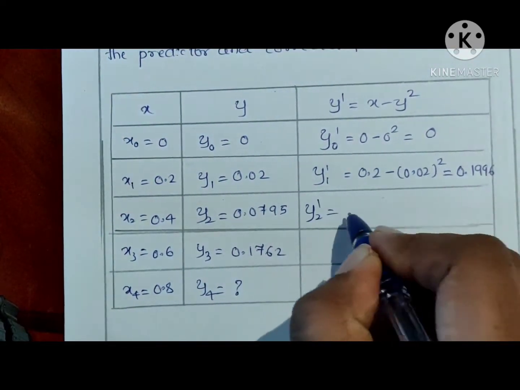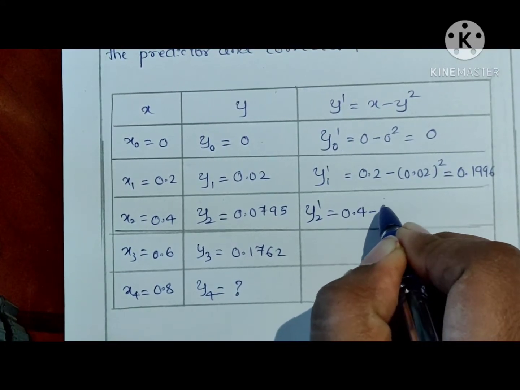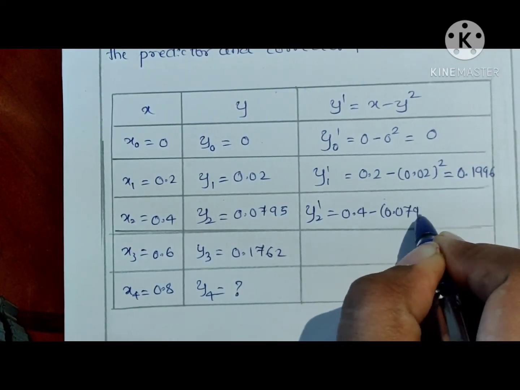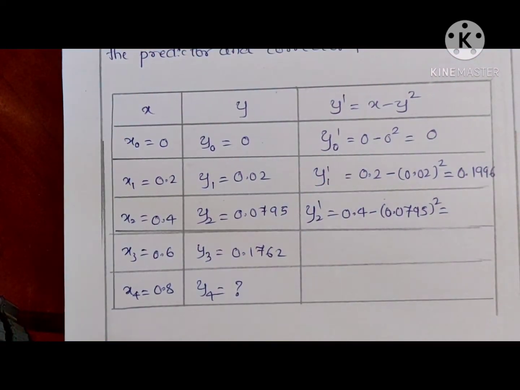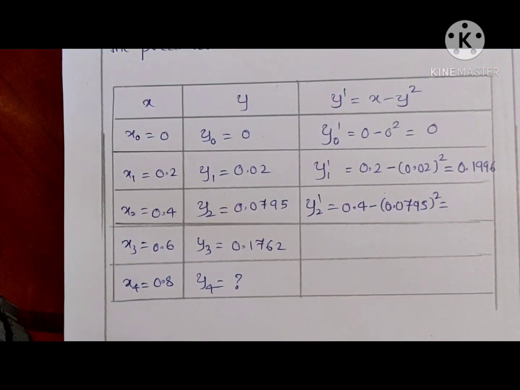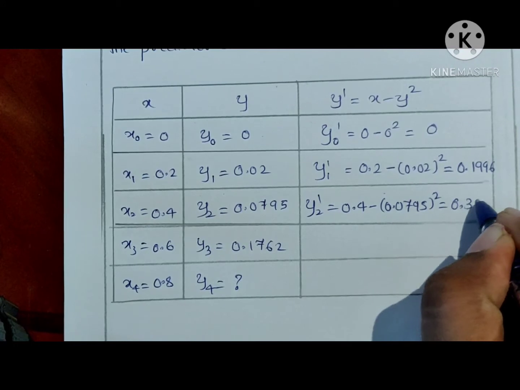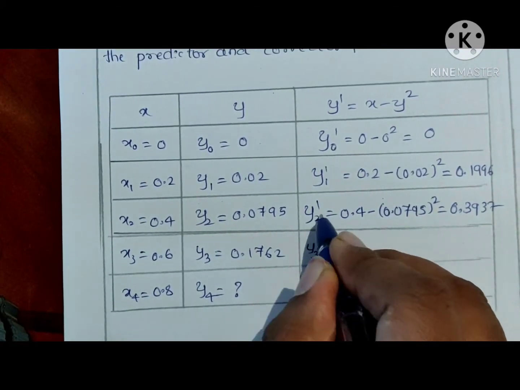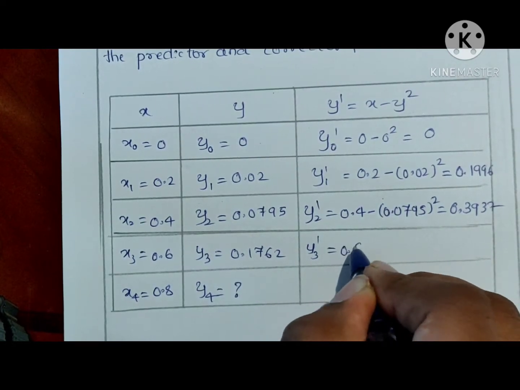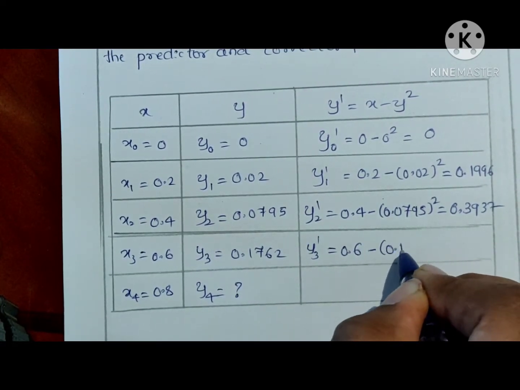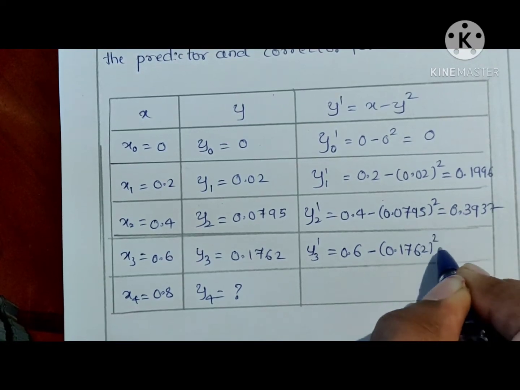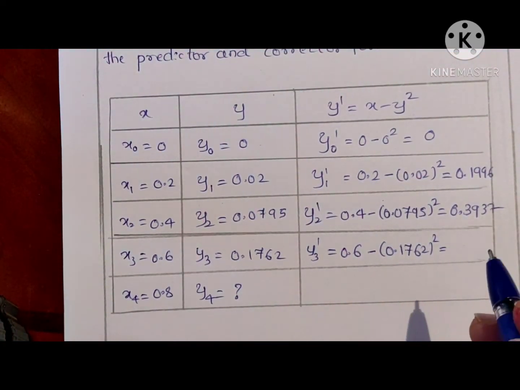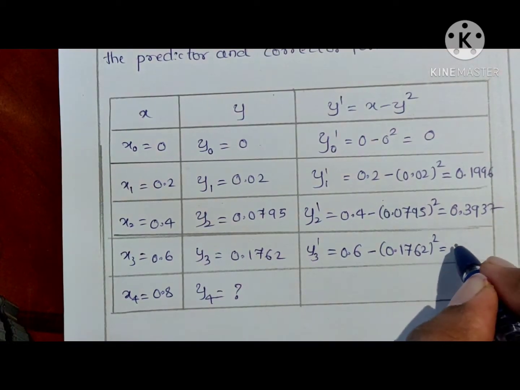Similarly y2 dash: 0.4 minus 0.0795 whole square. Simplify it, you will get 0.3937. y3 dash: it is 0.6 minus 0.1762 square. When you simplify it, you will get 0.5689.